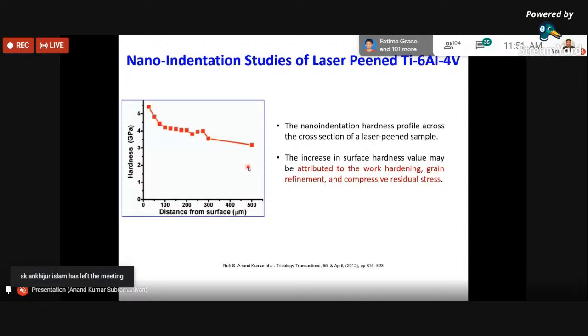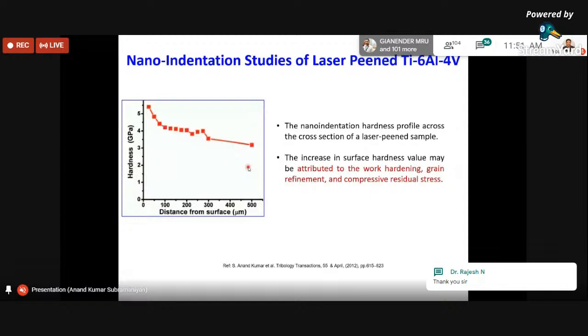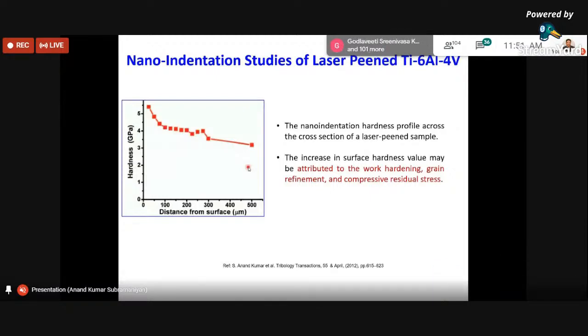And for obtaining nano crystallite size, probably the FSP parameters, like the tool profile or the RPM that is being used, if we can play with that, and it also depends on the material response for that operating condition.